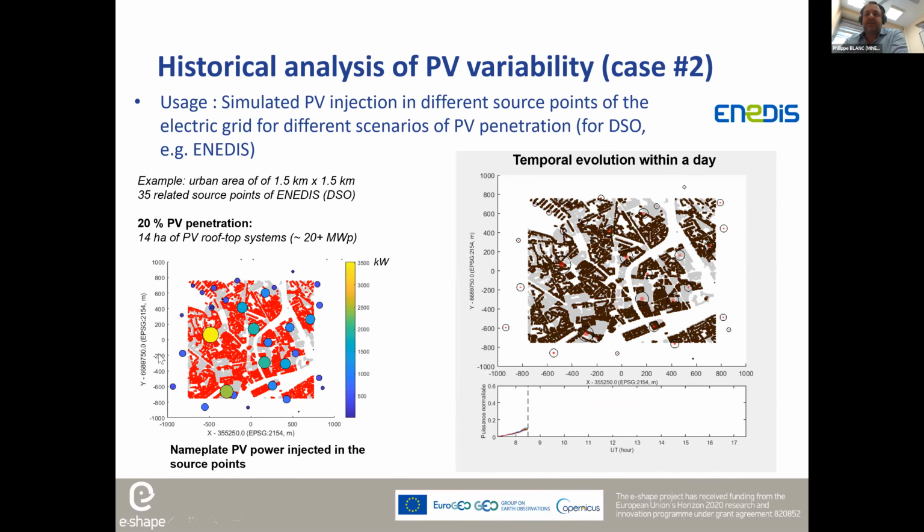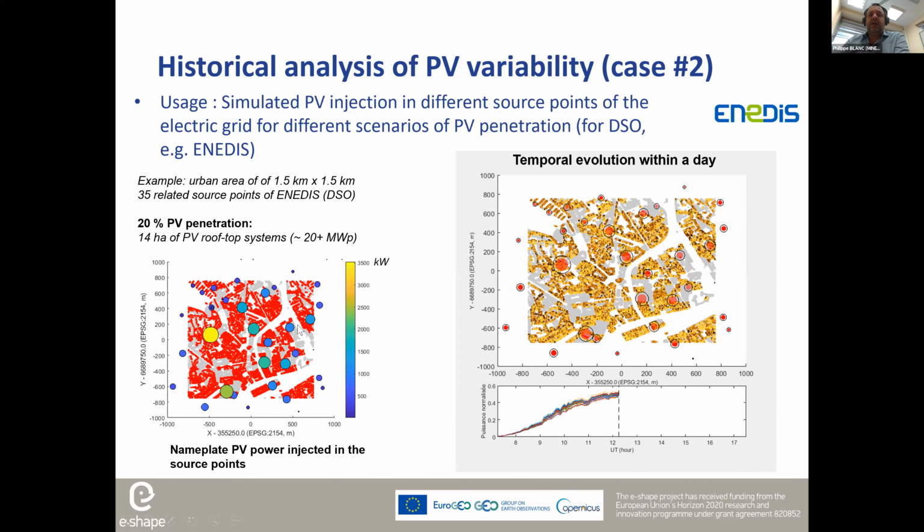For example, in these blocks of 1 kilometer by 1 kilometer, we have a certain number of injection points in the grid. And for different scenarios of PV penetration, we can simulate the amount of energy, with the maximum power on each source point.